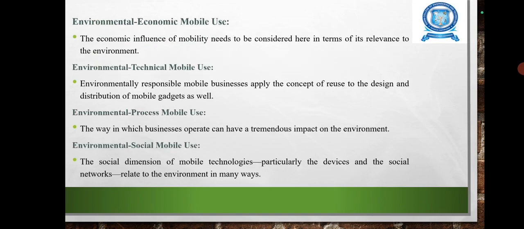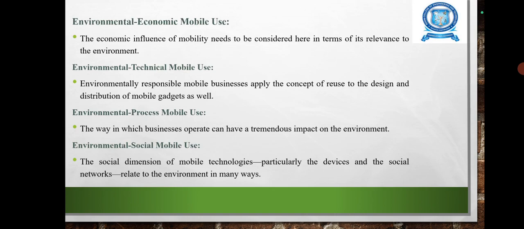Next one is environmental economic mobile use. The economic influence of mobility needs to be considered here in terms of its relevance to the environment. Environmental technical mobile use. Environmentally responsible mobile businesses apply the concept of reuse to the design and distribution of mobile gadgets as well.